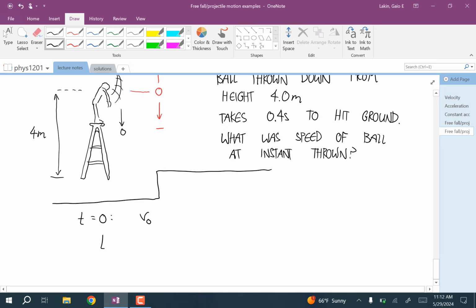And then at the instant that we look at the stopwatch, when the ball reaches ground level, we know the position. If you start at 0, to get to the ground level, you go 4 meters in the negative direction. So the position is equal to negative 4 meters. We don't know the velocity when it reaches the ground.